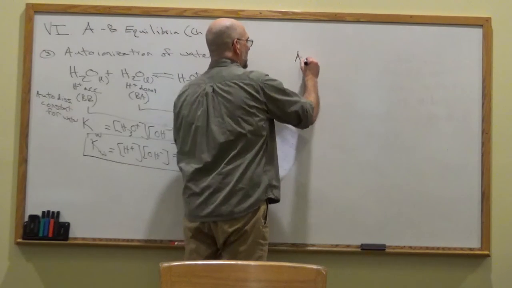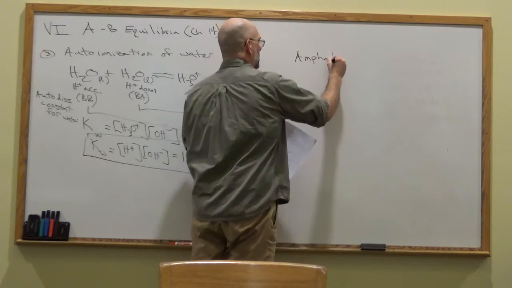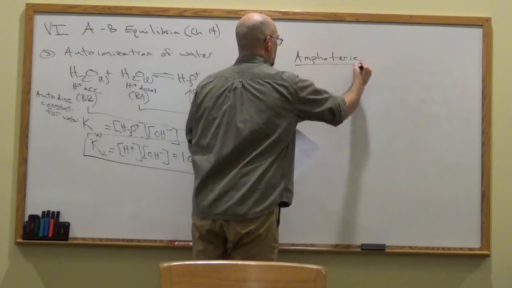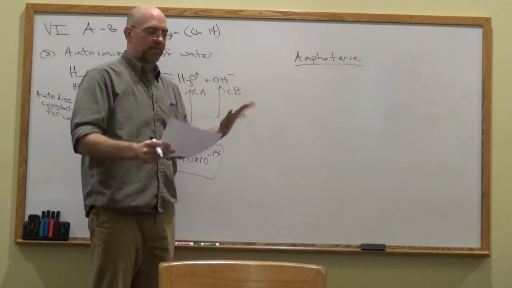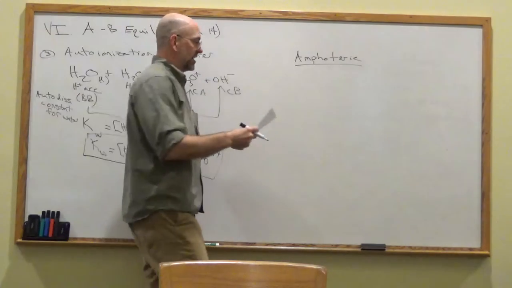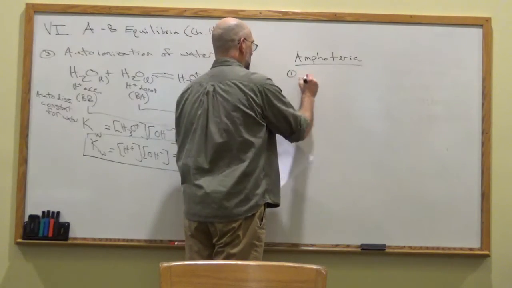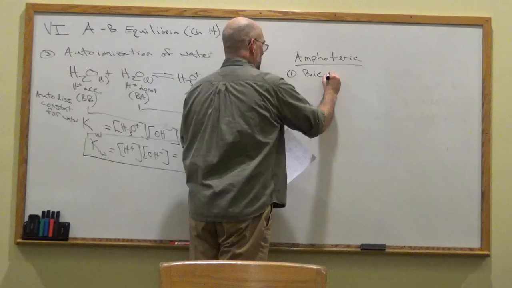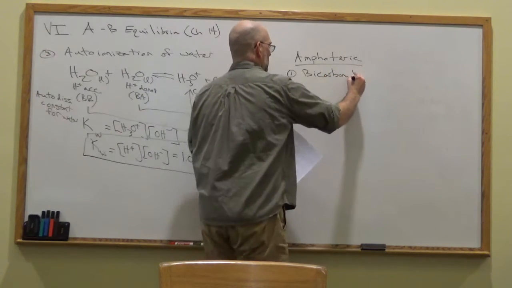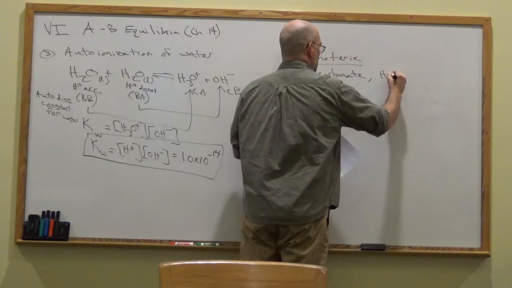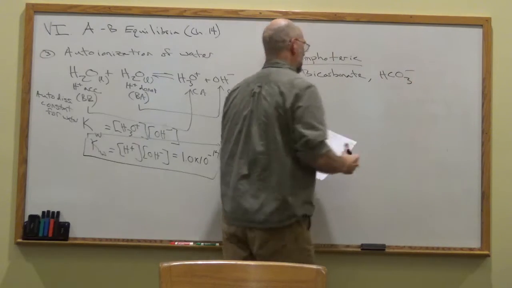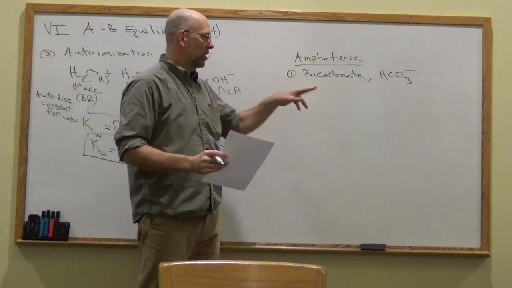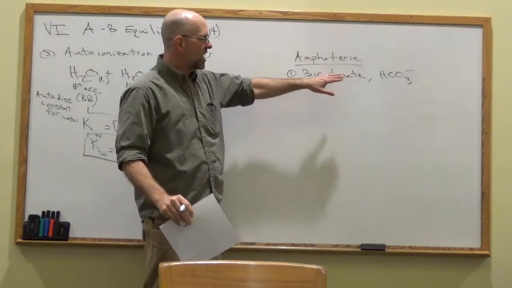So something that is amphoteric, meaning it can be either an acid or a base, and I have two examples for you here. This is a very important ion in environmental systems and in your body.